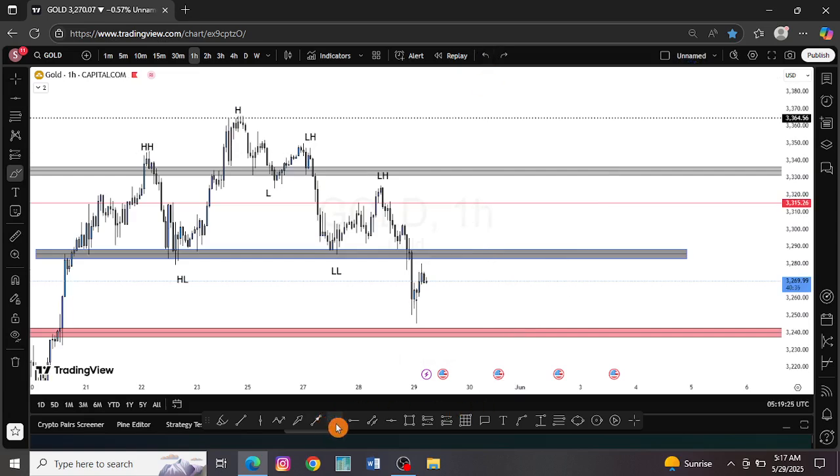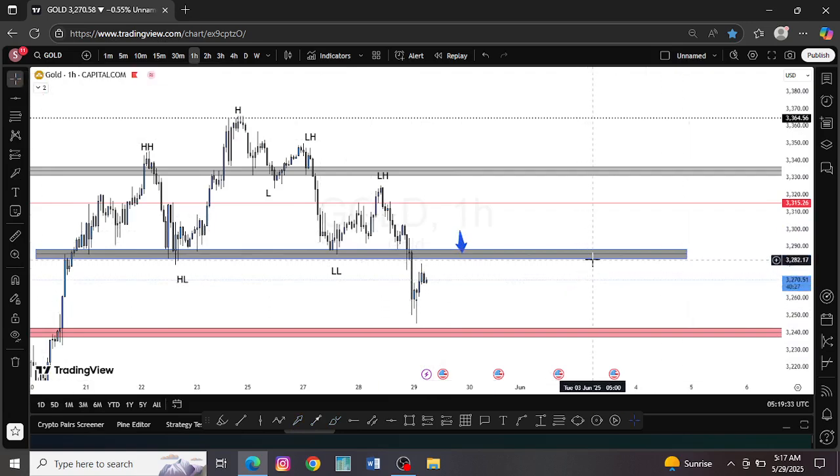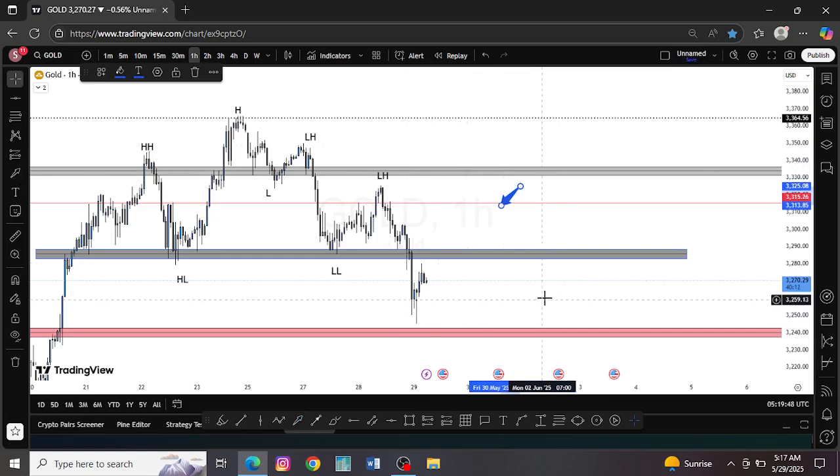So for today, I'm looking at picking a sell at this particular area, if price presents itself. That is the 3285 area. If price gives me a sell confirmation, I take it. Or picking a sell from the 3315 area.